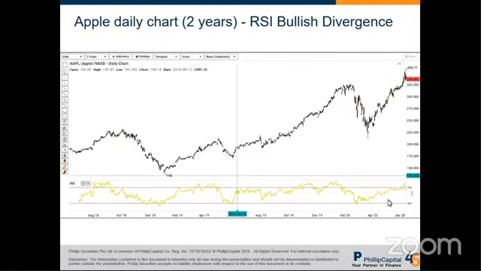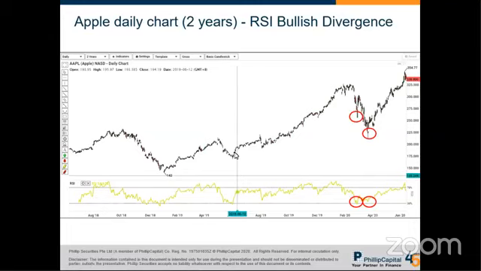So for the Apple chart, this is RSI bullish divergence. Same thing, price drops, and subsequently does another drop. You can see the price movement forms a lower low, but RSI starts to form a higher low, because the selling power is getting weaker and people are looking to enter and buy.